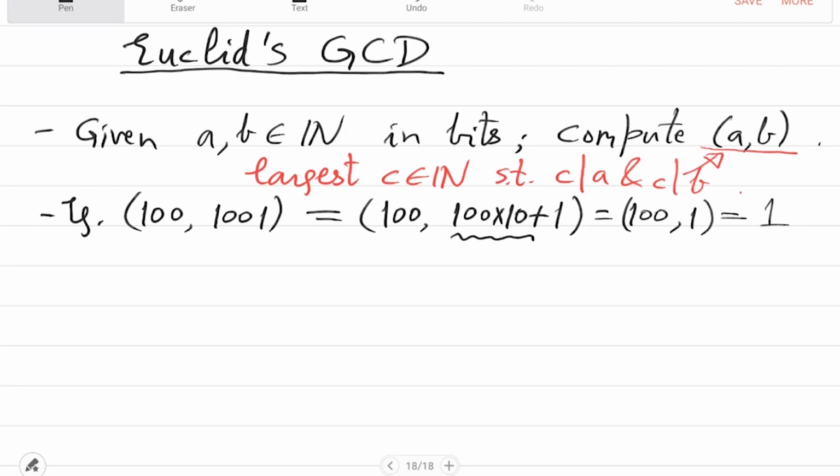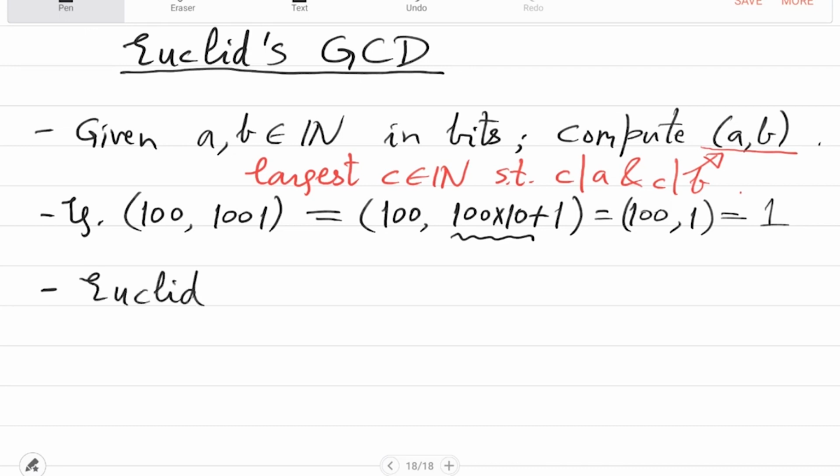So you drop this part and then you are left with 100 with 1. So obviously the GCD is 1, right? So this is the starting point of Euclid's GCD algorithm. It will not try to factor 100, it will just try to divide B by A or A by B. So this is a very old algorithm. It might even be the first algorithm that human beings found, and which is really fast compared to brute force.